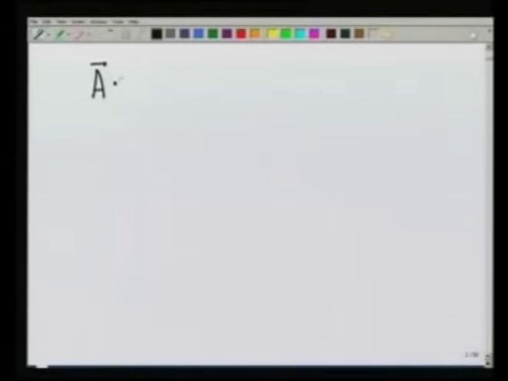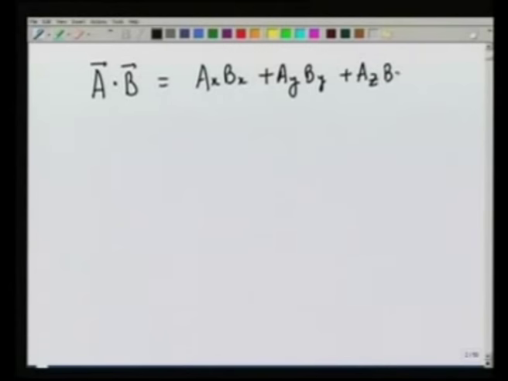So, let us look at the dot product A dot B, which is A x B x plus A y B y plus A z B z.